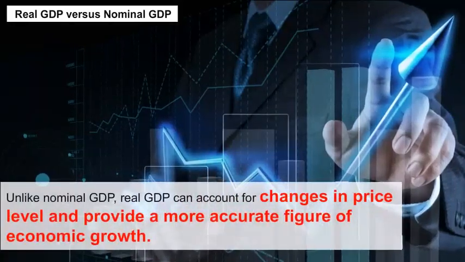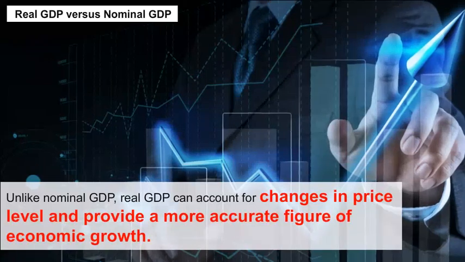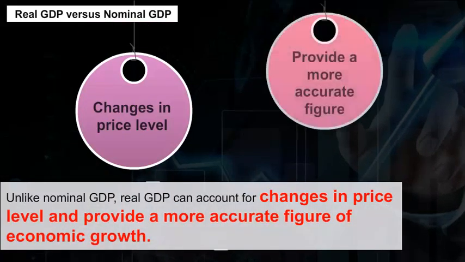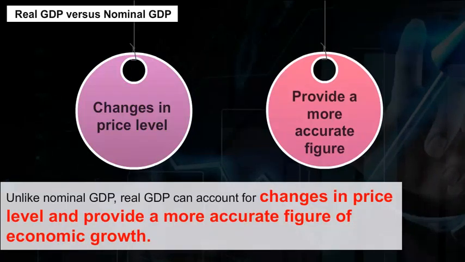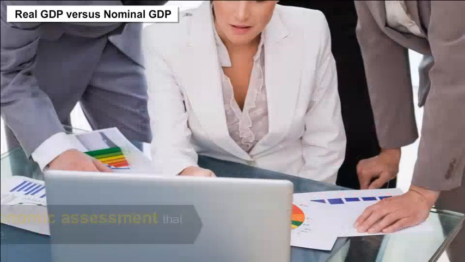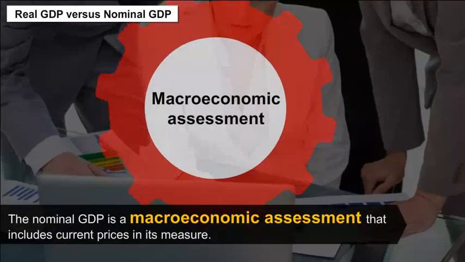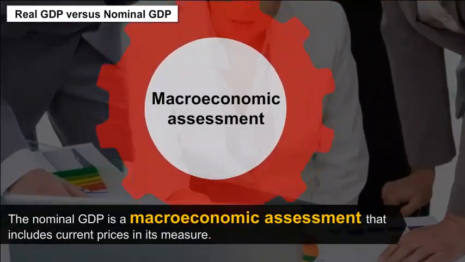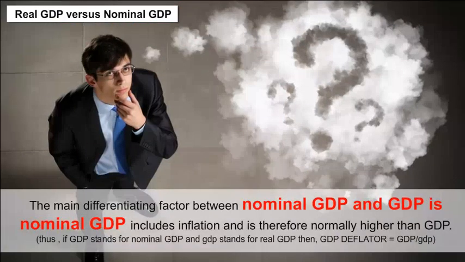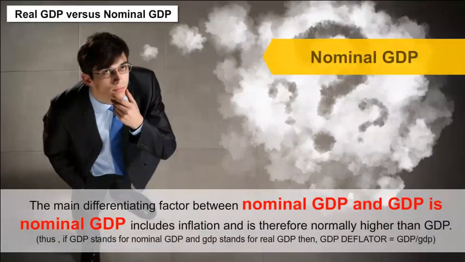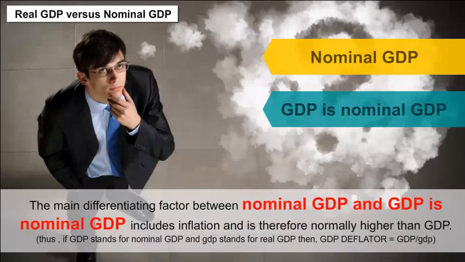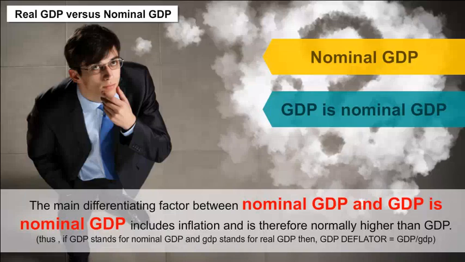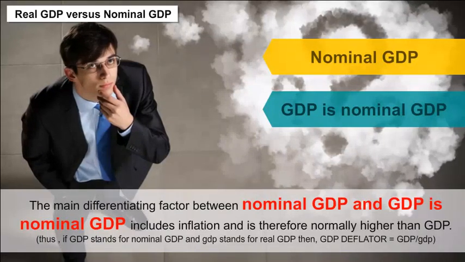Unlike nominal GDP, real GDP can account for changes in price level and provide a more accurate figure of economic growth. The nominal GDP is a macroeconomic assessment that includes current prices in its measure. The main differentiating factor between nominal GDP and real GDP is nominal GDP includes inflation and is therefore normally higher than real GDP.